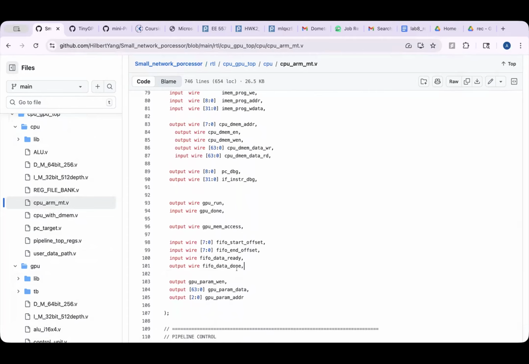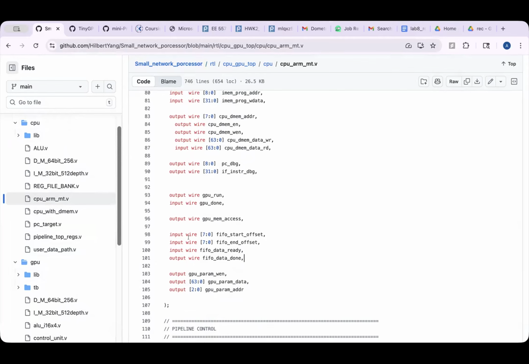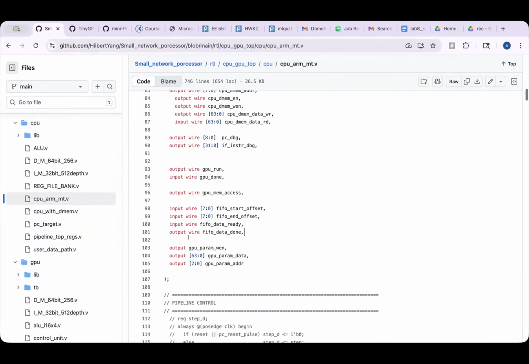With this information, we will be able to process the payload that's there in the FIFO. And we have additional control signals to share the data memory between CPU and GPU.